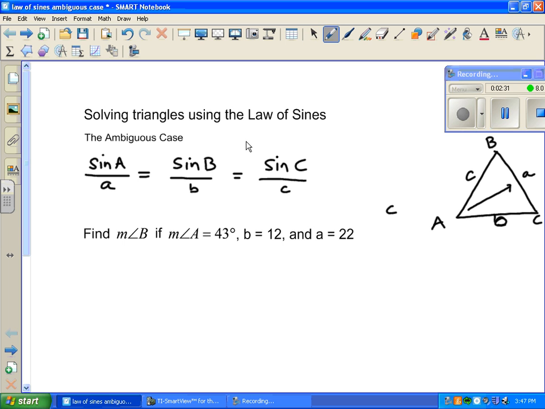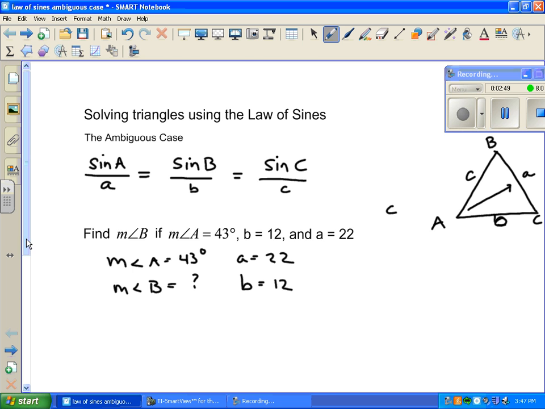And if I were to set this up, I know that angle A is 43 degrees and side a is 22. You can see I have a complete proportion with an angle and a side length, A and a. But I don't know B. That's what I'm looking for. And I know that my side length b is 12.